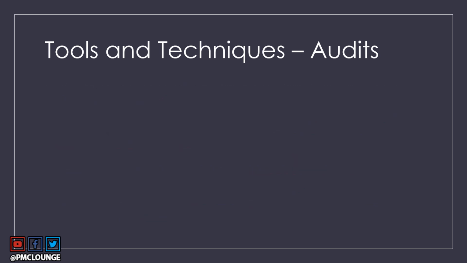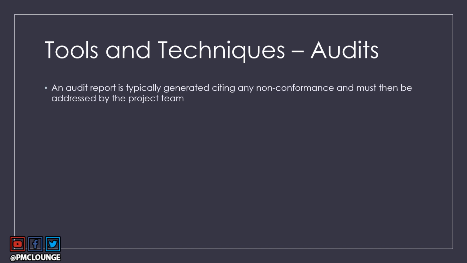So let's talk a bit more about audits. Once the audit is complete by an external auditor, your organization's internal audit department, or the PMO, whoever is responsible for auditing your project, they will give you an audit report. This report will cite any non-conformances that your project has. What are these non-conformances?